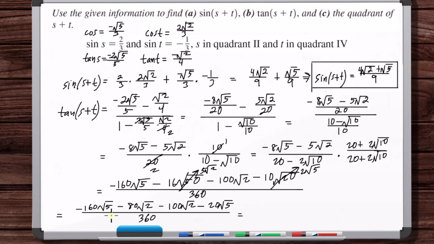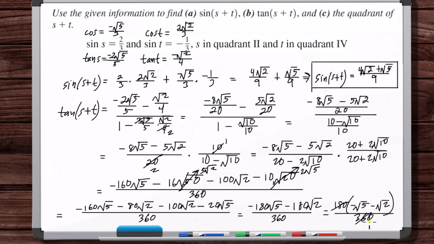Now, minus 160 minus 20 is minus 180. And then minus 80 minus 100 is minus 180. Let's see, is that right? Yeah. Okay. Now, factoring out a 180, you've got minus root 5 minus root 2.